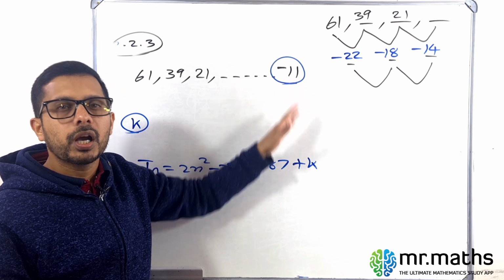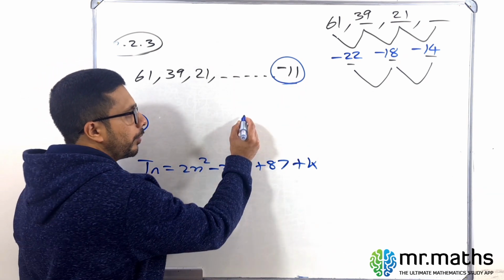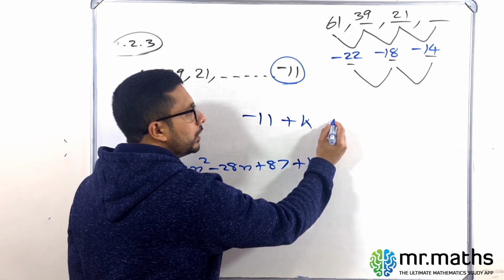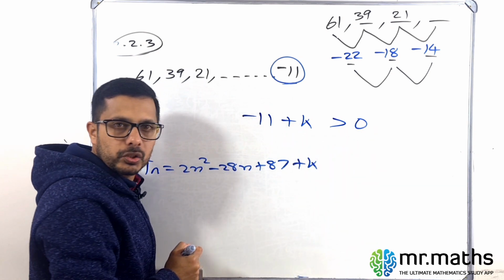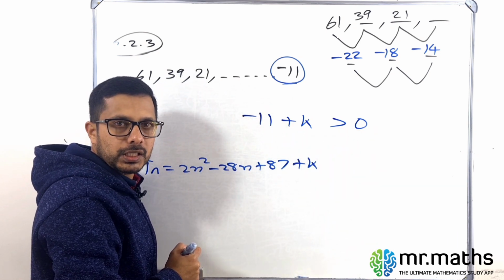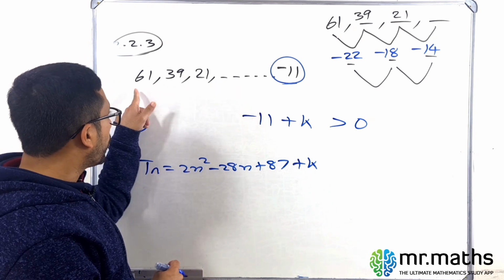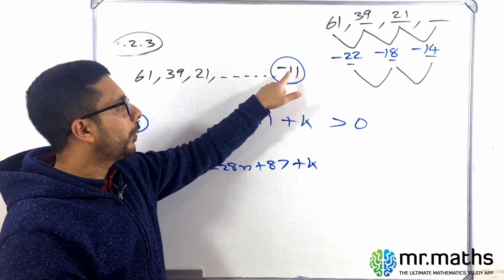Okay, so how can that minus 11 become positive? The number, that minus 11 plus k. I have to get this as positive, greater than 0. Do you understand? The smallest number in this series is minus 11.